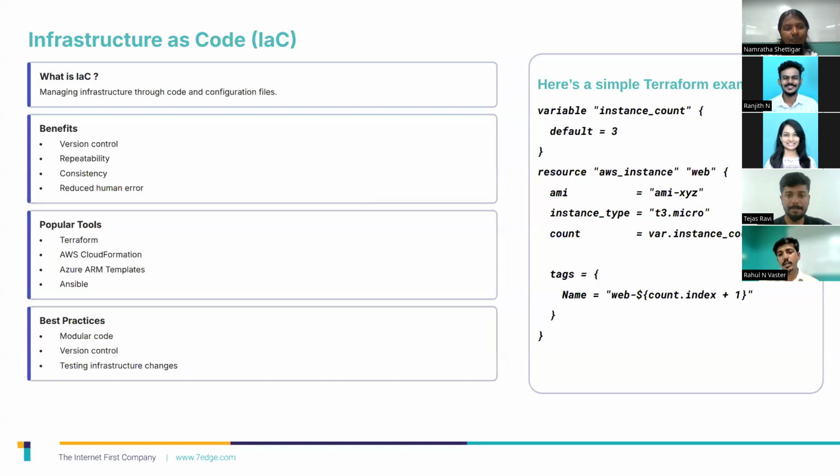If I give the variable as 100, obviously it will create 100 EC2 instances for me. This is the magic of automation. No mistakes, and the same code can recreate identical environments in any AWS account. So this is infrastructure in a foundational way.